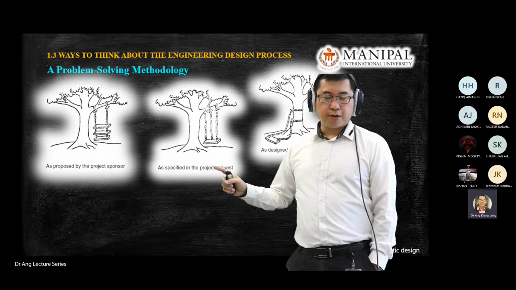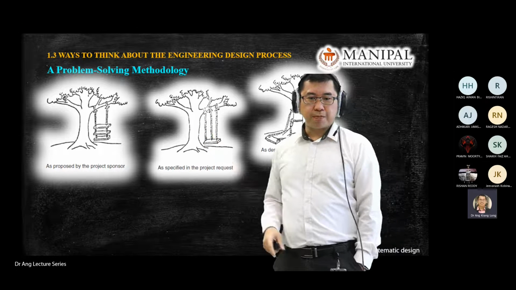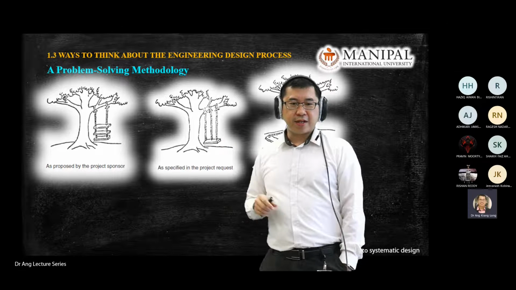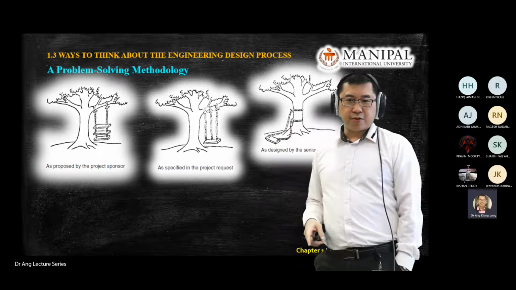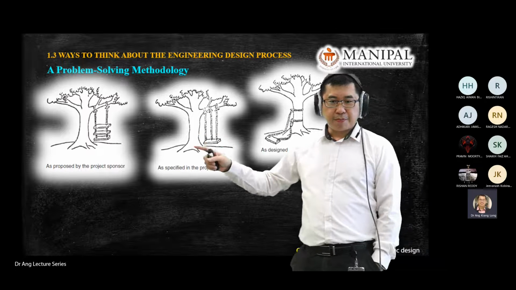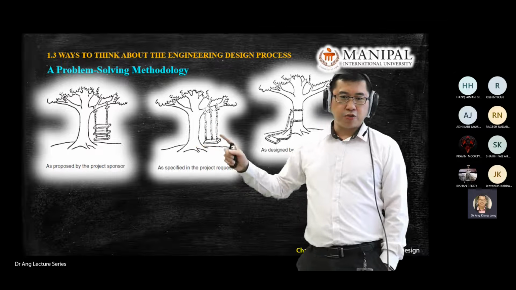So the project will request that you need to use tree rope to build the swing, the rope stairs or the rope seats like this. So there's a specific specification that you need to use tree rope.